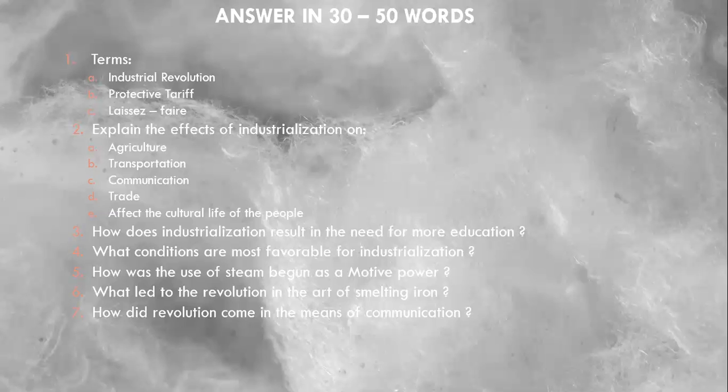Now, what led to the revolution in smelting iron? Iron is indispensable for manufacturing machines. Iron ore is obtained from mines and it has to be purified and strengthened before use. Before, wood charcoal was used for smelting iron, and that was a very costly affair.